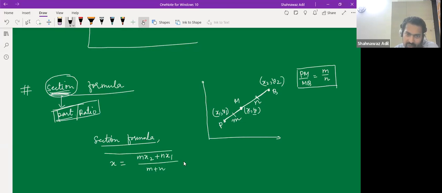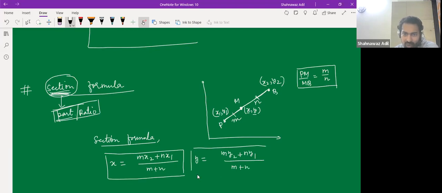Similarly, the y coordinate would be (m y2 plus n y1) divided by (m plus n). This is what the section formula tells. Understood? We have 2 points and in between we take 1 point. This point will divide the line joining these 2 points into two parts, so the section formula relates the ratio with these two coordinates. Understood?